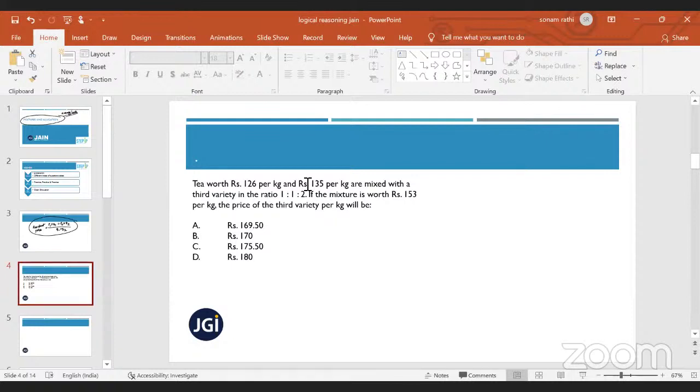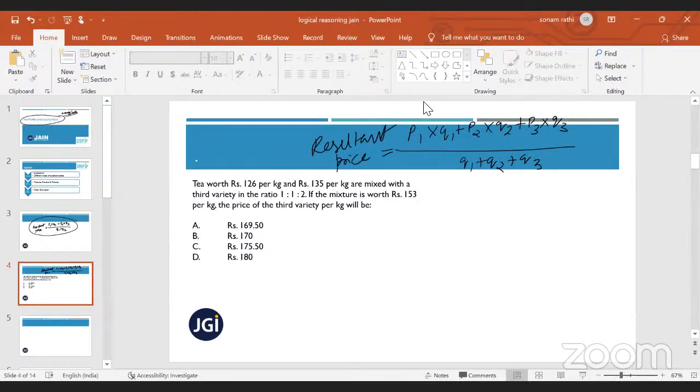Tell me how to do this question, everyone. Now extend that formula. What was the formula? P1 Q1 plus P2 Q2 plus P3 Q3, because three prices are given, divided by Q1 plus Q2 plus Q3, is equal to the resultant price.